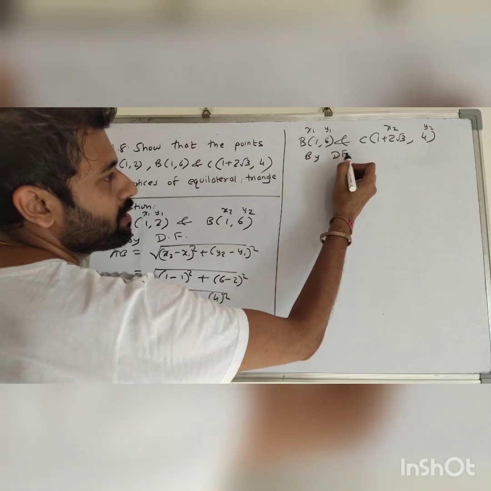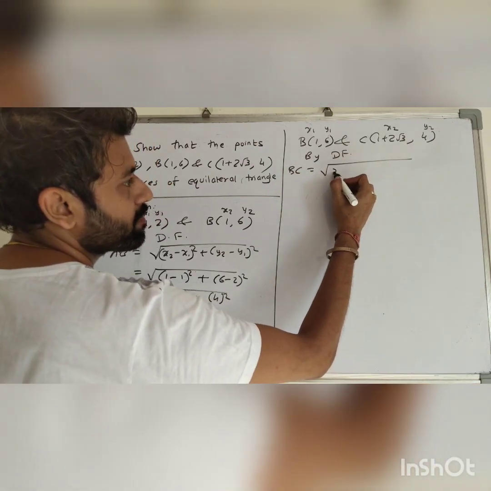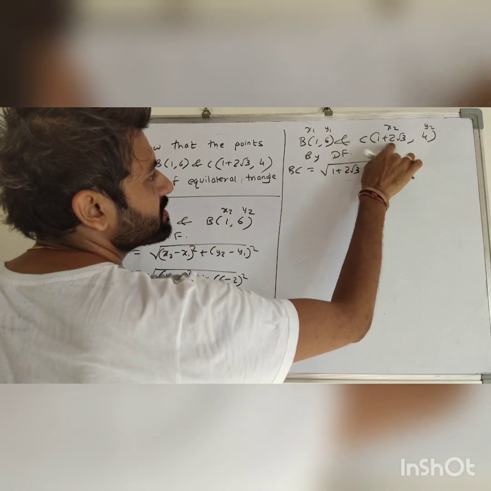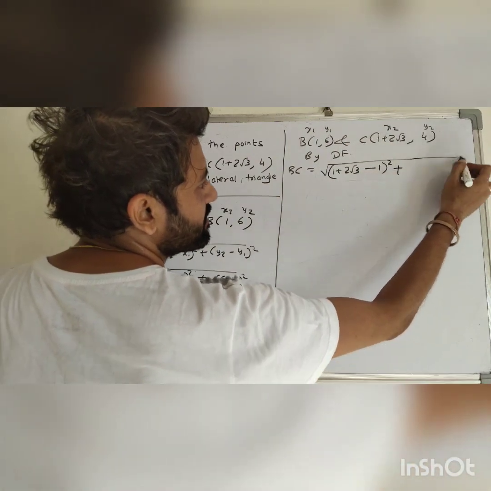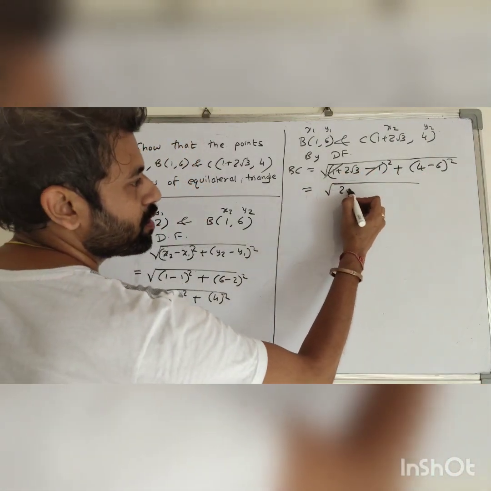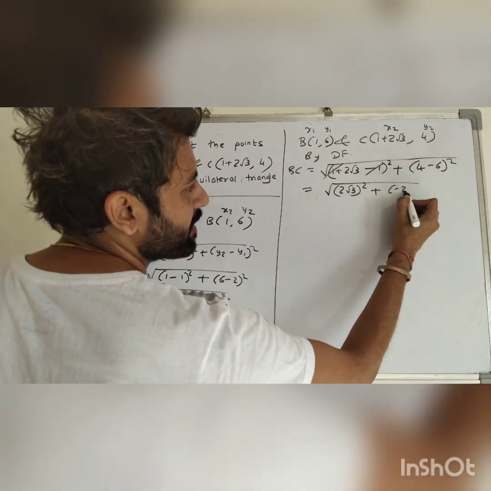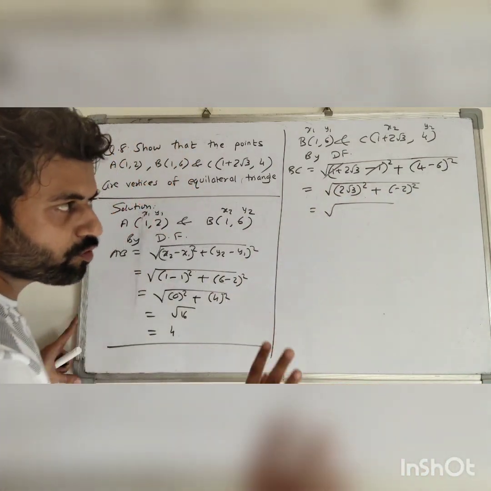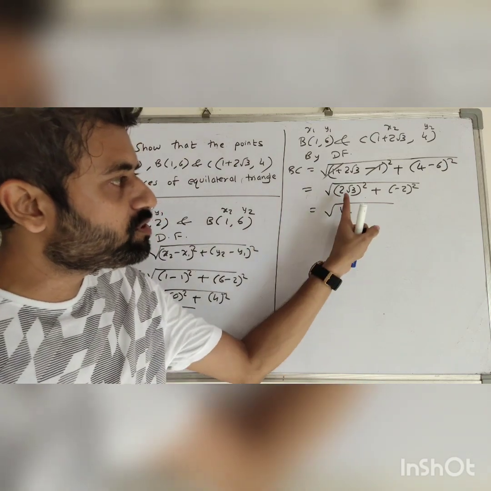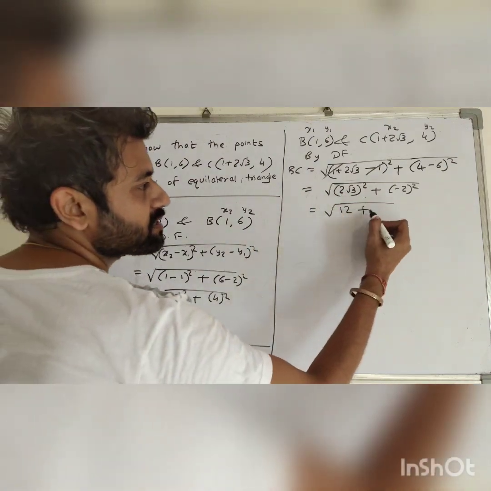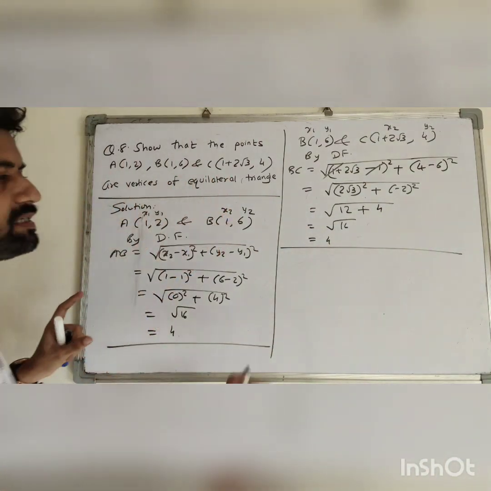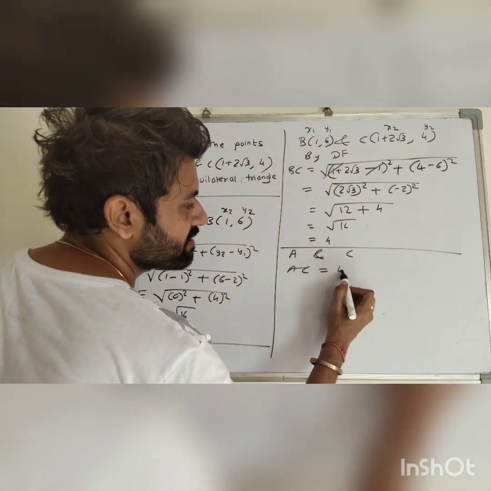By distance formula, BC is equal to the whole root of (x2 minus x1), that's 1 plus 2 root 3 is x2, minus x1 the whole square plus (y2 minus y1) the whole square. 1 gets cancelled. (2 root 3) the whole square plus (4 minus 6 is minus 2) the whole square. 2 square is 4, root 3 square is 3, so this is 12. How did 12 come? 2 square is 4 in your mind, root 3 square is 3 in your mind, 4 times 3 is 12, plus minus 2 square is 4. 12 plus 4 is 16, square root of 16 is 4. AB, BC, similarly find AC, your answer for AC will also be 4.